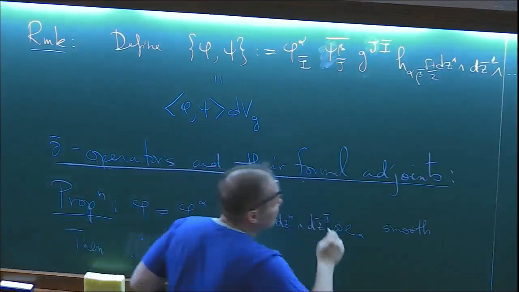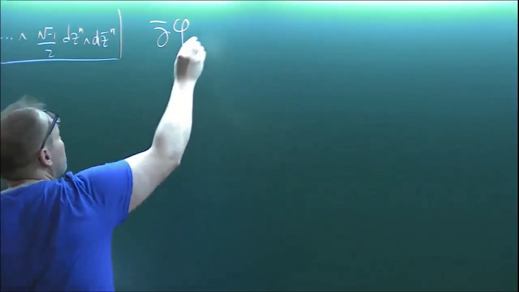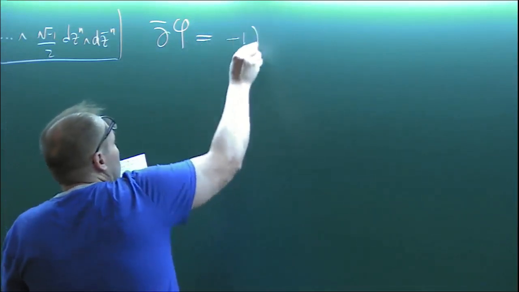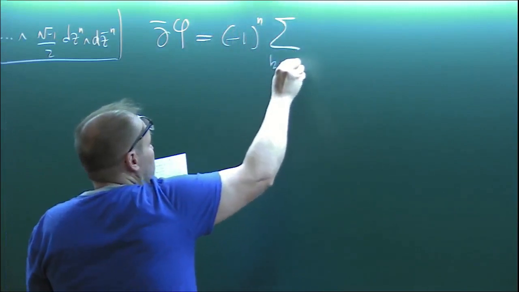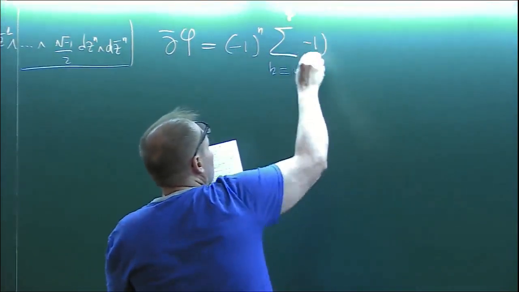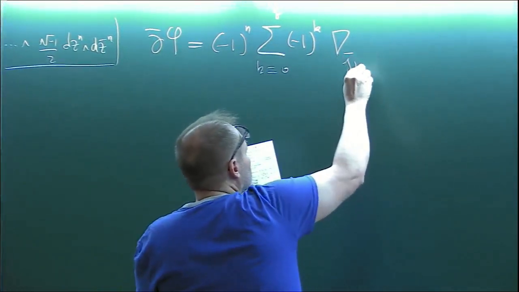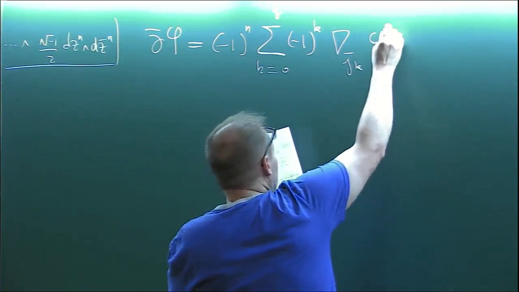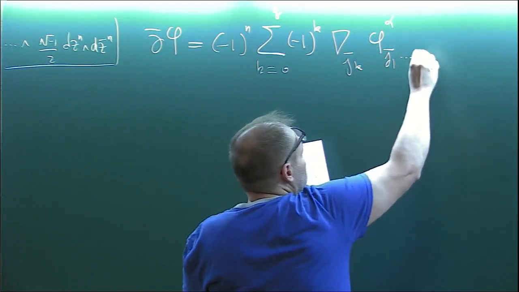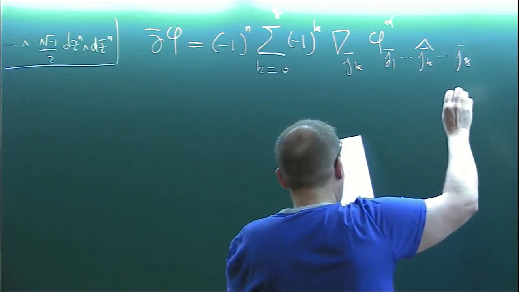Maybe I should write it up here. D bar of phi is minus 1 to the n, the sum k going from 0 to q of minus 1 to the k nabla j sub k bar phi alpha j1 bar, and then the jk bar I omit here, and then jq bar. That's it.